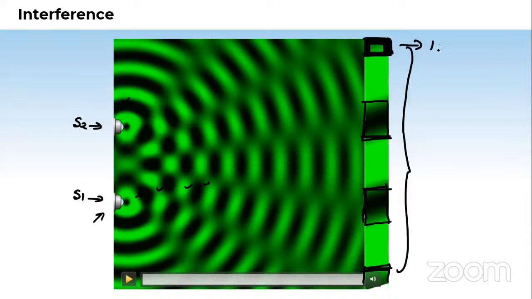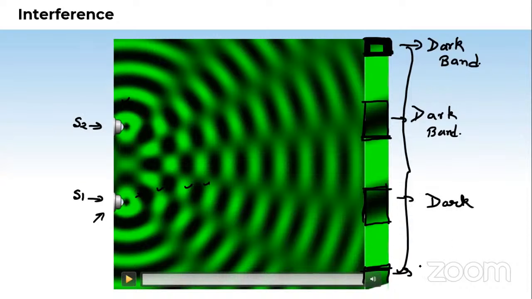This is a dark band. This is again a dark band. If you focus here, we are having alternate dark and bright bands.